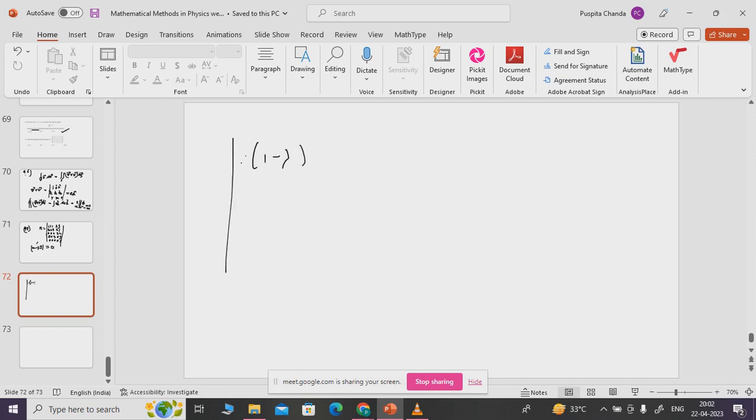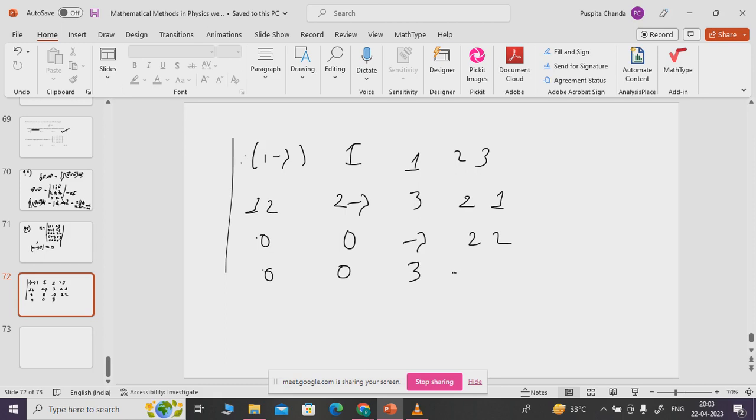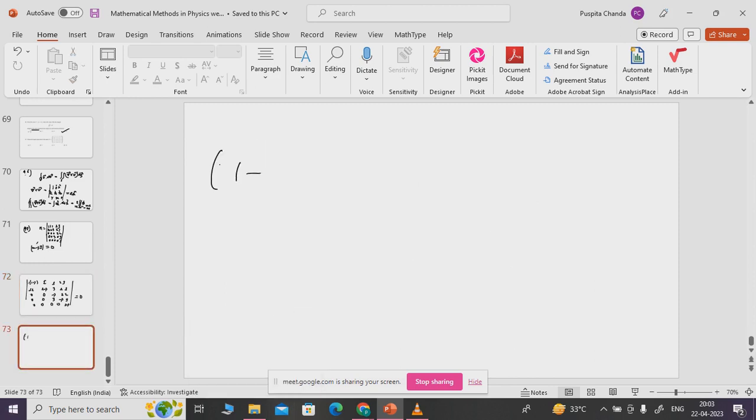So the equation becomes the determinant of 1 minus lambda 1 2 3, 1 2 minus lambda 3 2 1, 0 0 minus lambda 2 2, 0 0 3 minus lambda 3, 0 0 0 0 1 minus lambda equal to 0.